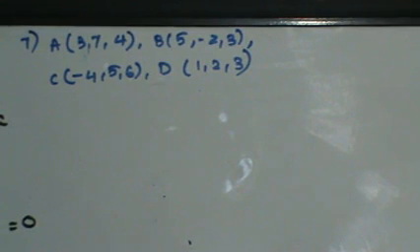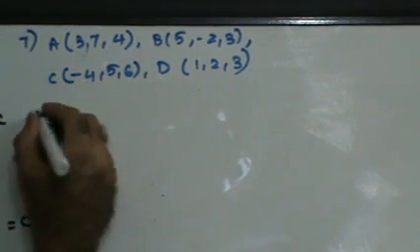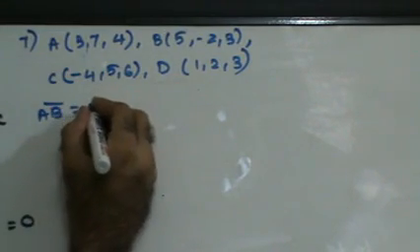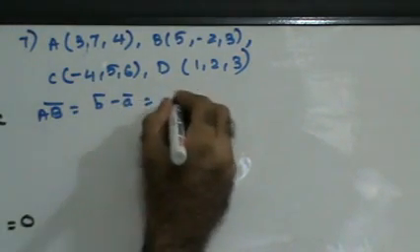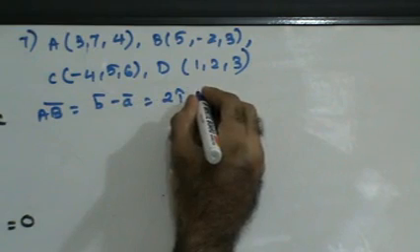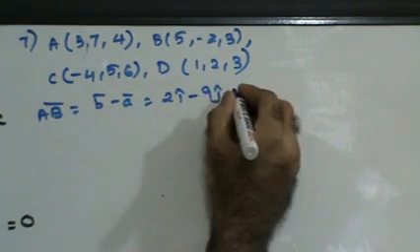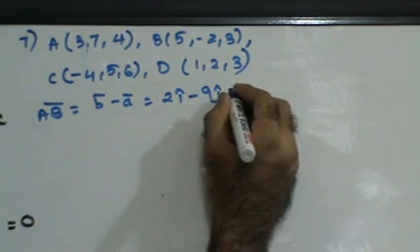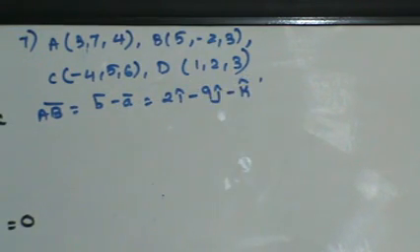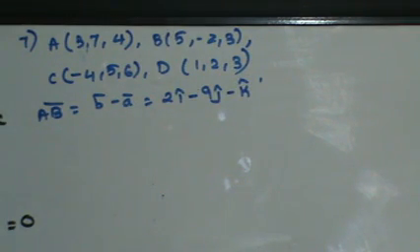Right? Now, first let's find out AB vector. AB vector is going to be nothing but B vector minus A vector: 5 minus 3, 2I vector; 2 minus 7, minus 5J vector; 3 minus 4, minus K vector. So AB vector is going to be nothing but 2I vector minus 5J vector minus K vector.